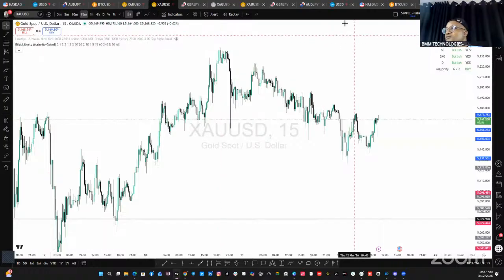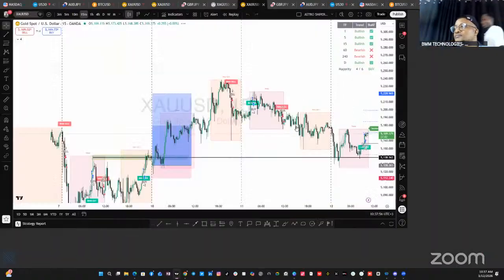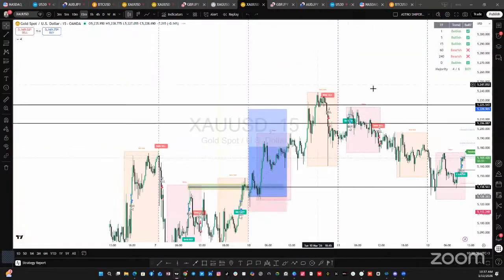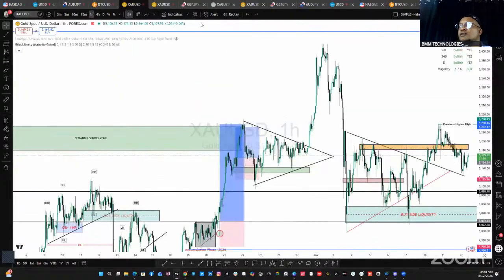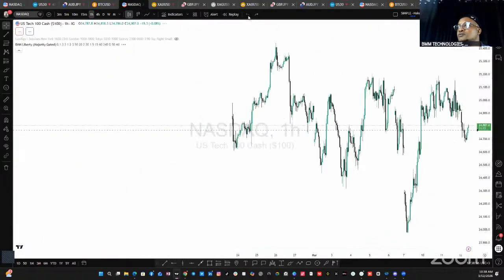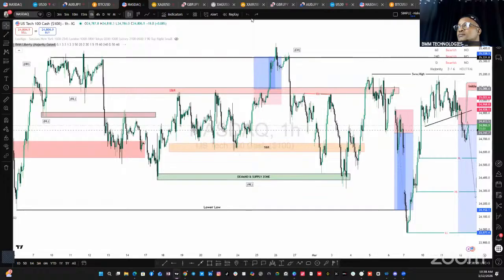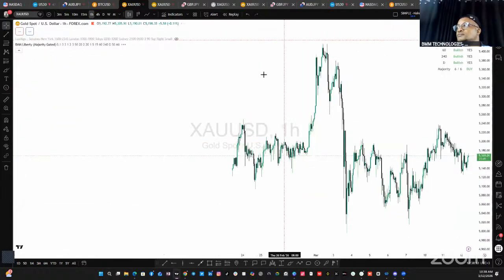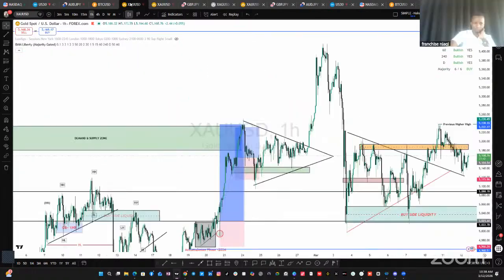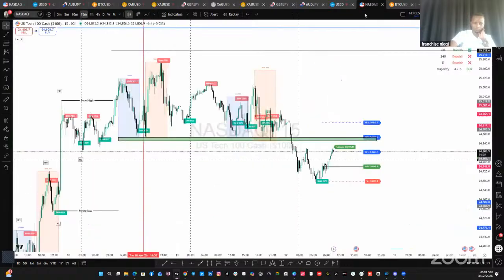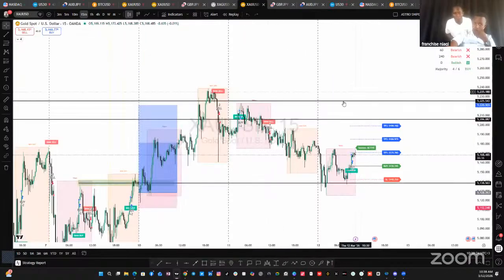The V1 is not here, so he can use this one. It has the tools here. Okay. What is happening? Where is gold?